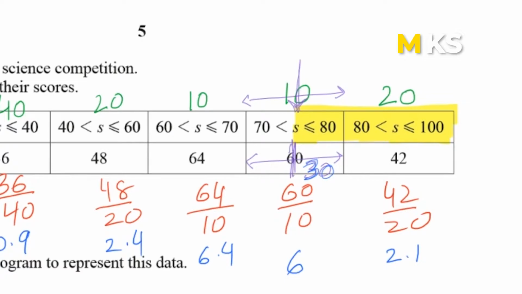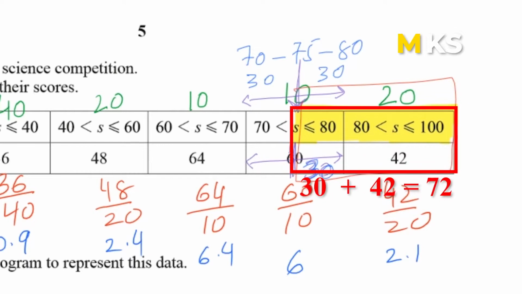We divide this into two classes, 70 to 75 and 75 to 80. And the total frequency for this class is 60. Distribute that equally. So that gives us the students scoring more than 75, 30 plus 42, means 72.